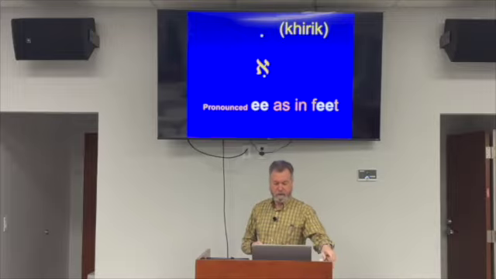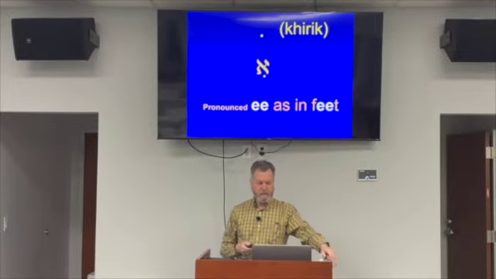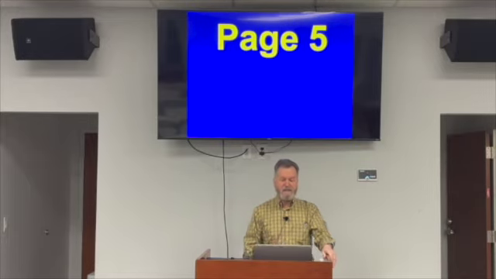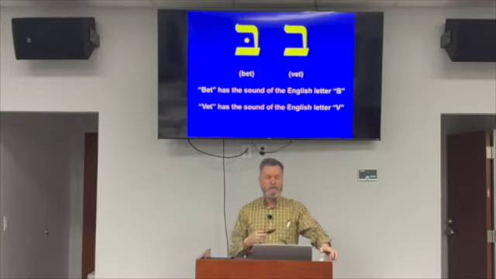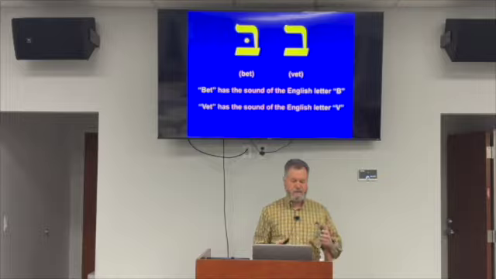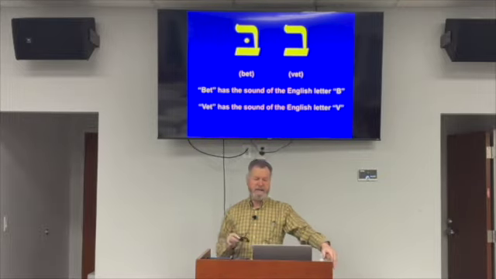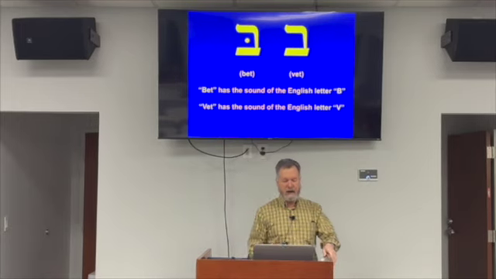Tonight we are going to learn, and we should have had a page number for that. Yeah, it's page 8. All right, we'll get to that. On page 5, we learned two consonants. It's really the same letter, but one has a dot in it, or a dagesh is the technical term, and one does not.